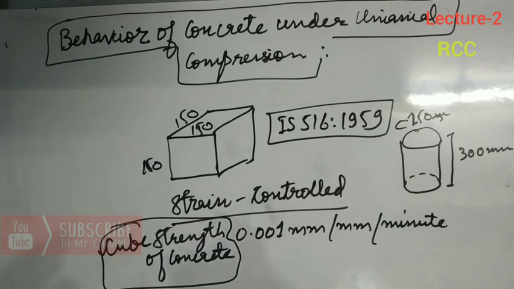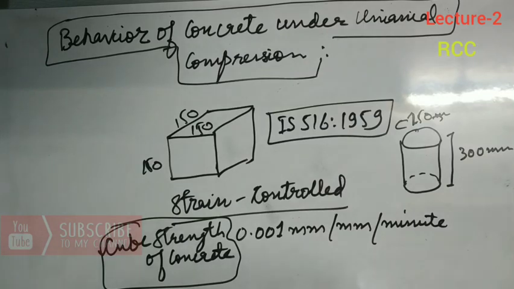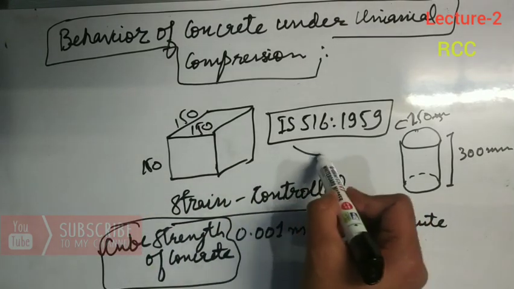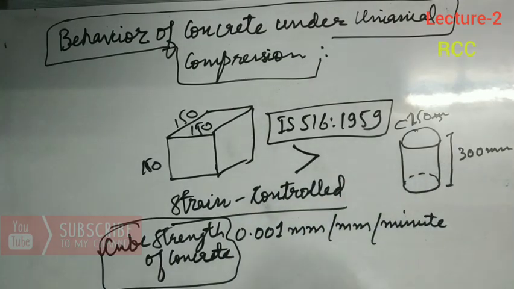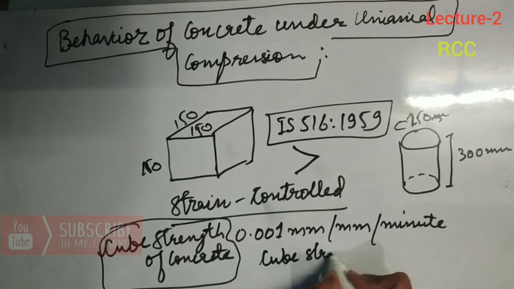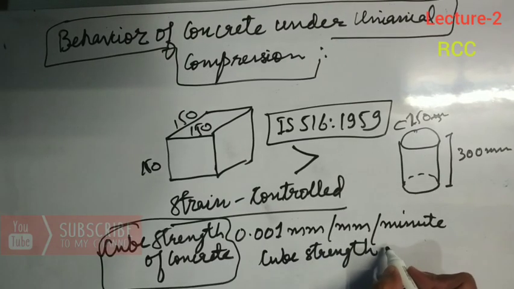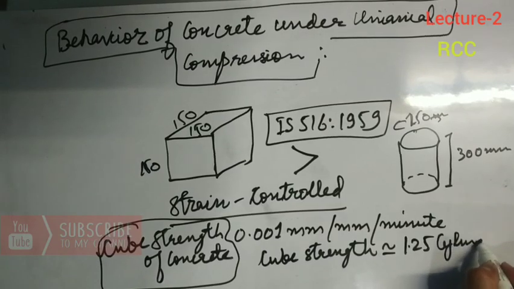Now there must be some difference in strength between cube and cylinder. The cylinder strength comes out to be lower than the cube strength of concrete. So how much is that? The cube strength is approximately 1.25 times the cylinder strength.